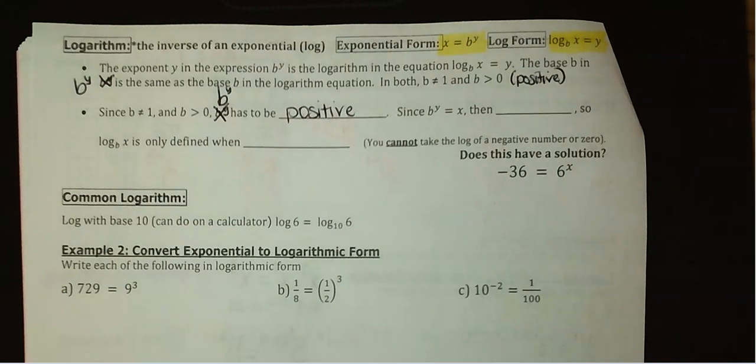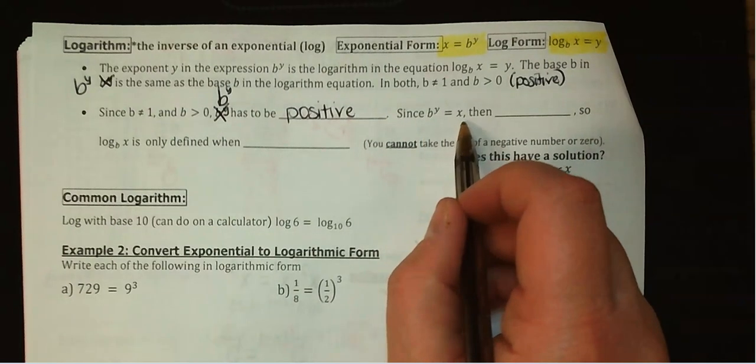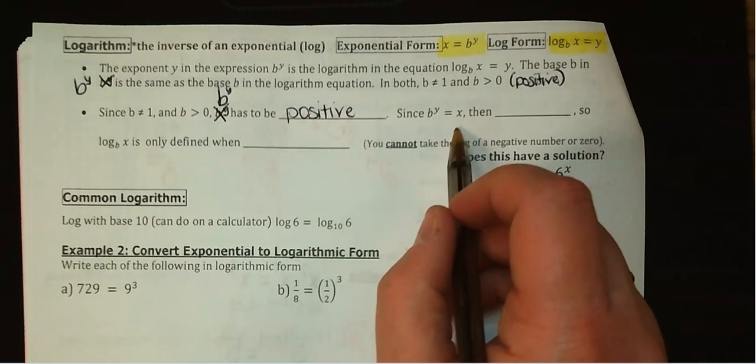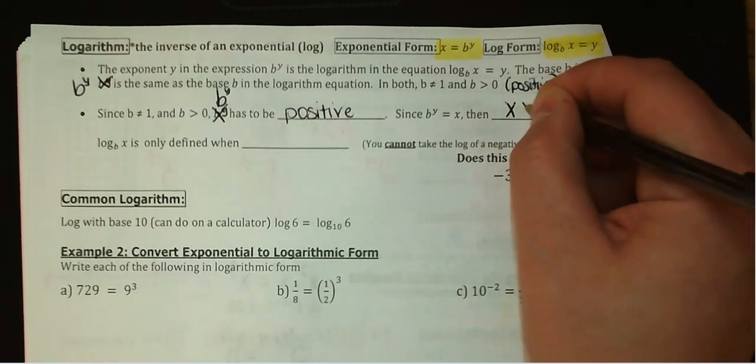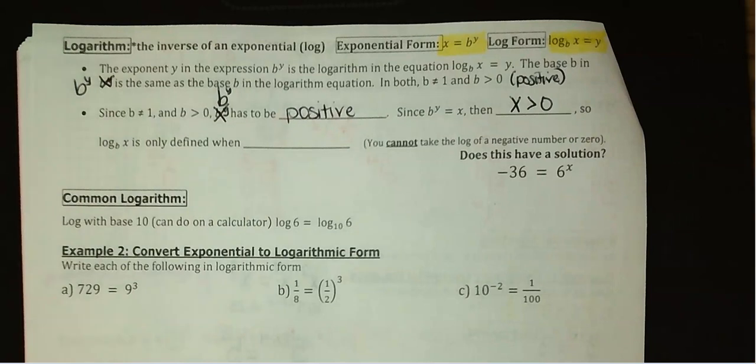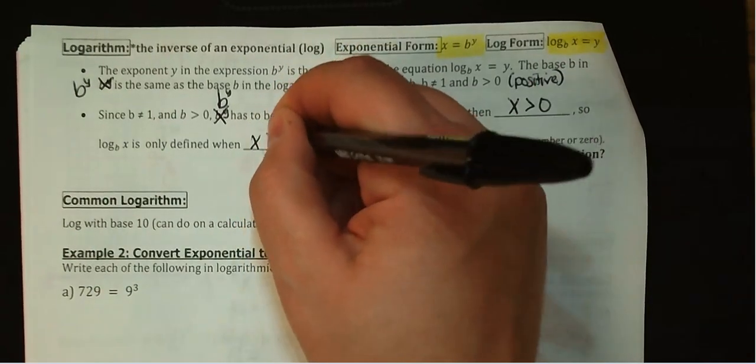Since b to the y is equal to x, and that has to be positive, I'm going to write x is greater than 0, which just means x has to be positive also. So the log base b of x, whatever you're taking the log of, is only defined when x is positive.